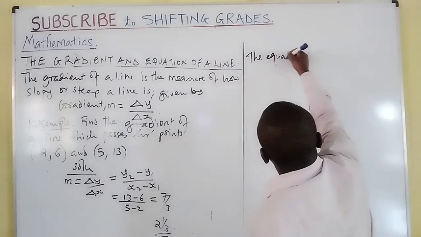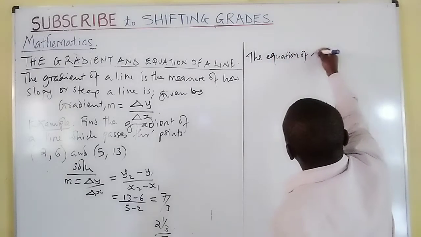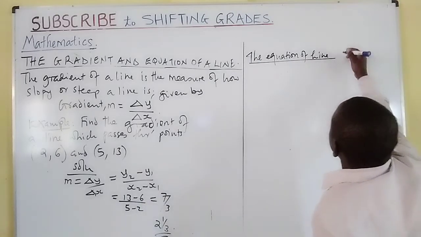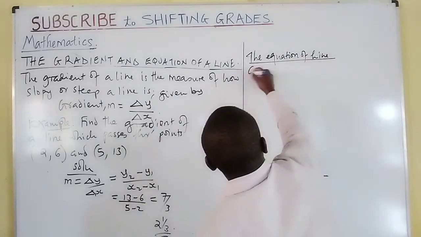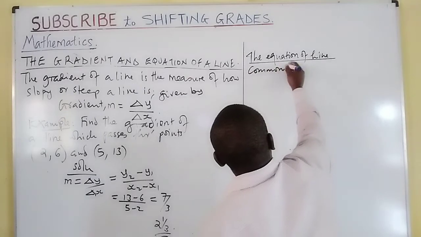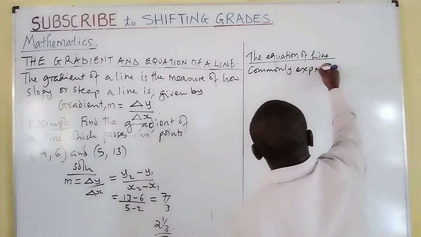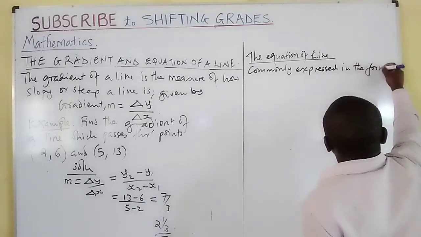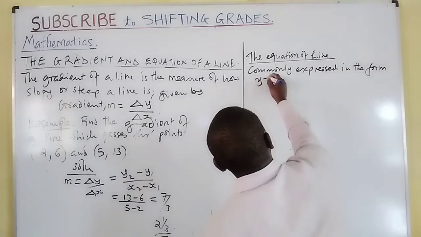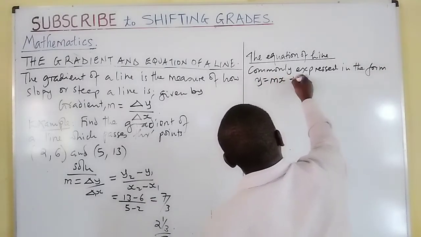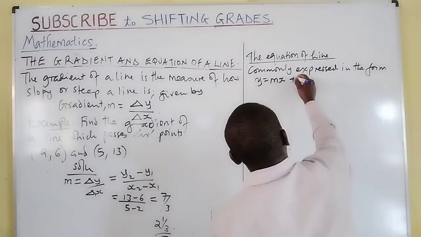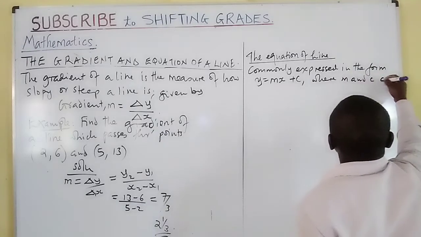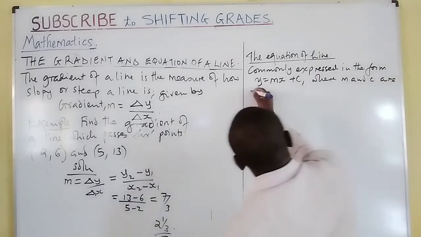The equation of a line is commonly expressed in the form y = mx + c, where both m and c are constants.